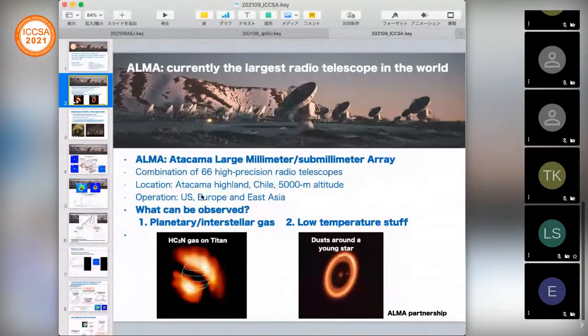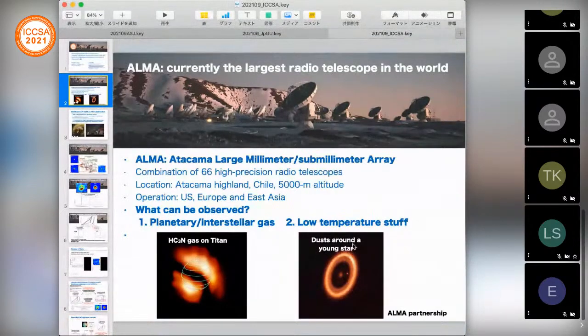ALMA is operated by the collaboration of US, Europe, and East Asia, including Japan. ALMA can observe two kinds of things. One is planetary and interstellar gas, and this is the spatial distribution of HC3N, cyanoacetylene gas, on Titan. The gas is present both on the North Pole and South Pole. This is very important and very similar to the presence of ozone on Earth.